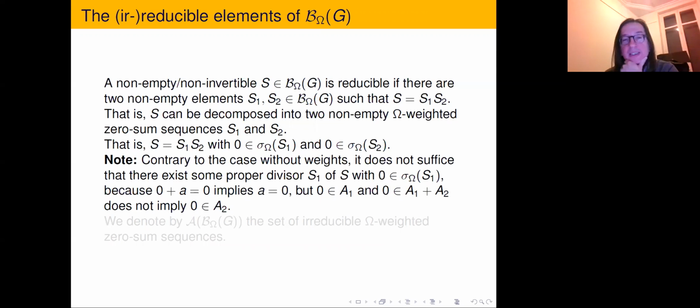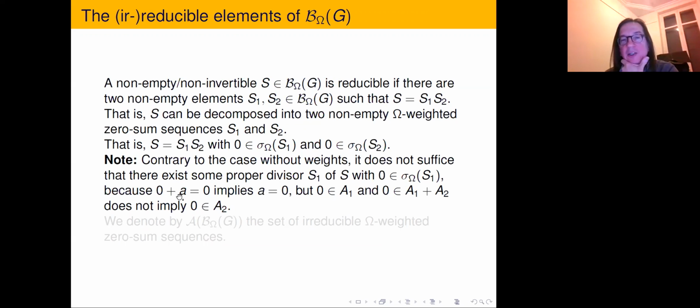An important point, contrary to the case without weights, is that it's not sufficient to say that a sequence is reducible if it has a zero-sum subsequence, because the co-divisor might not be a zero-sum subsequence.